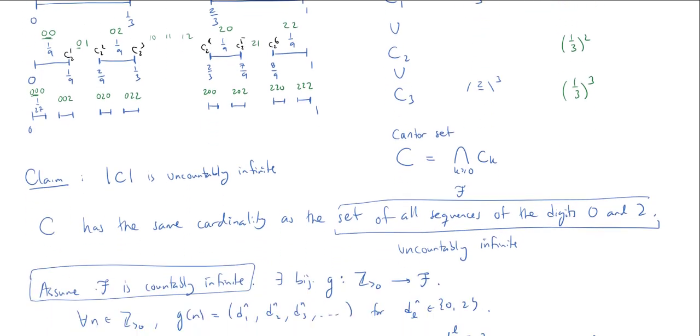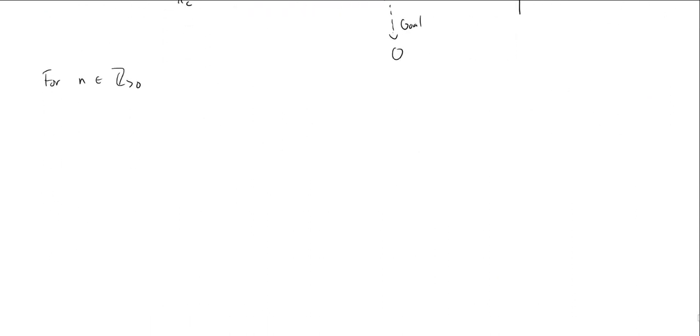So for n a positive integer, there exists some k, and this k will depend on n, so we'll call it k(n) in the very first instance, but after that we'll just write it as k. So there exists some positive integer k(n) such that the length of C_k, which we know is (2/3)^k, is going to be less than 1 over n. So I'm going to be able to get these things very small.